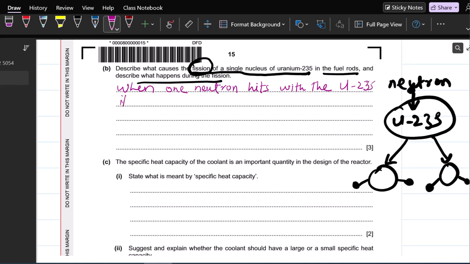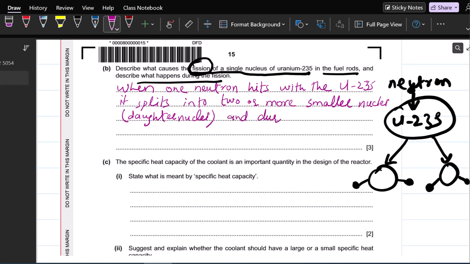It splits into two or more smaller nuclei, or you can say daughter nuclei, and during this more neutrons, or fission neutrons you can say, are emitted, and fission fragments are also released.